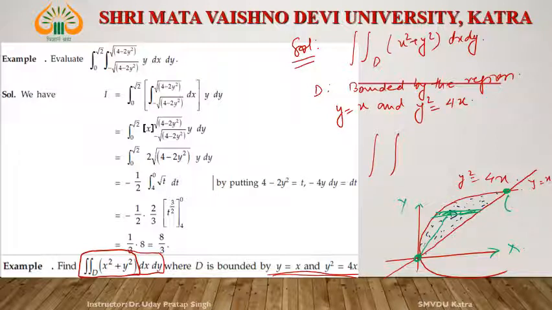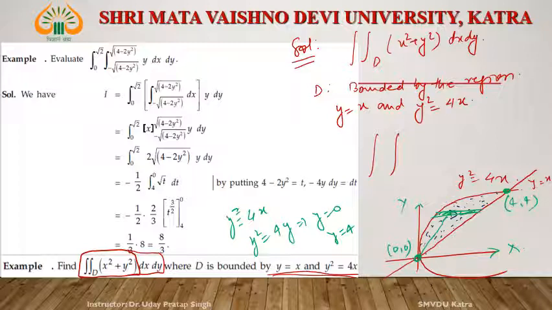If y equal to x, y square is equal to 4x, then y square is equal to 4y. It implies that y equal to 0 and y equal to 4. Then x and y are 0, 0 and 4, 4.